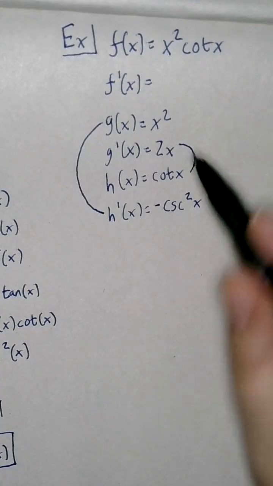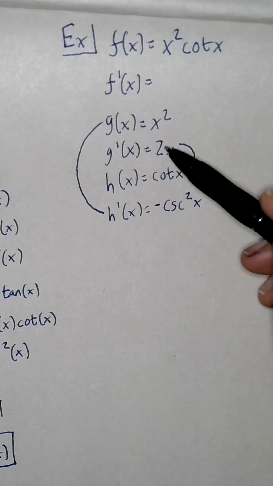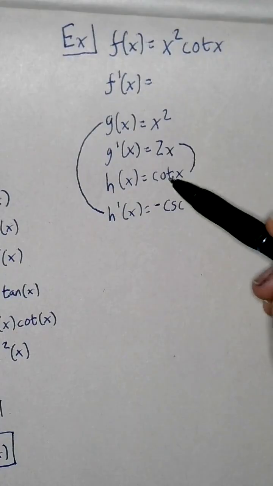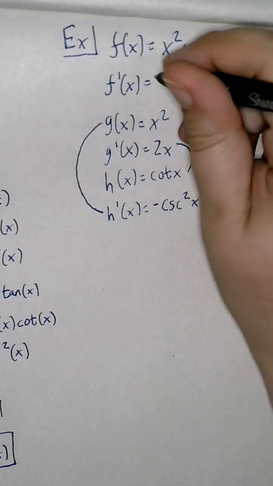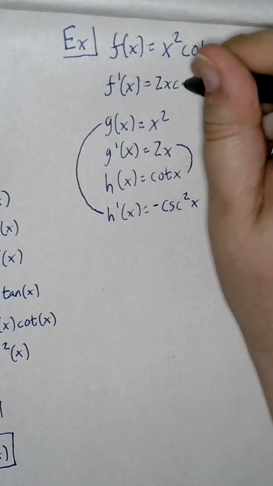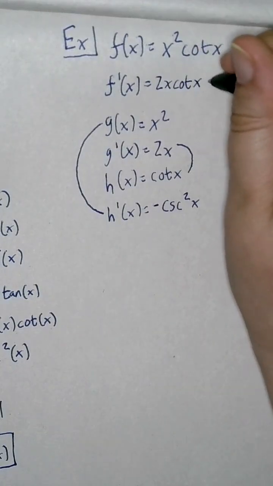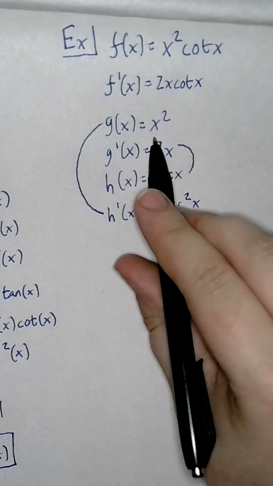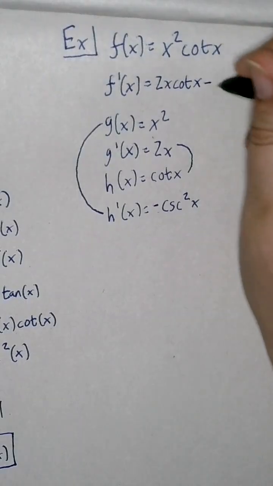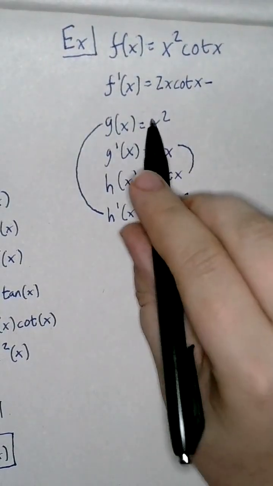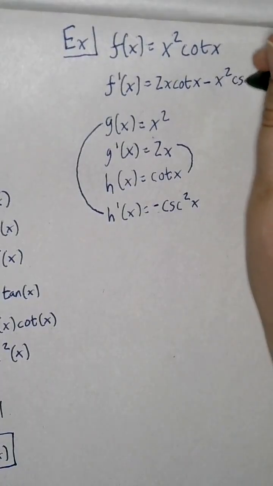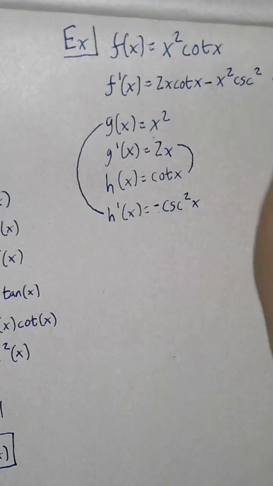So what I'm going to do is do the inside pair first and then the outside pair. So the inside pair is 2x times cotangent x, plus, well, I have a negative here and a positive there, so that's going to be minus x squared times cosecant squared x.